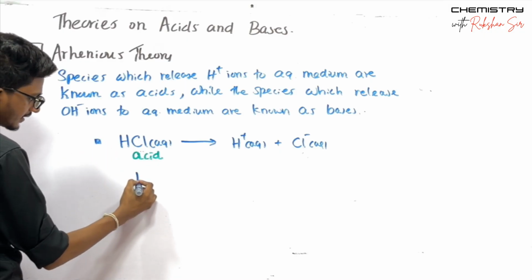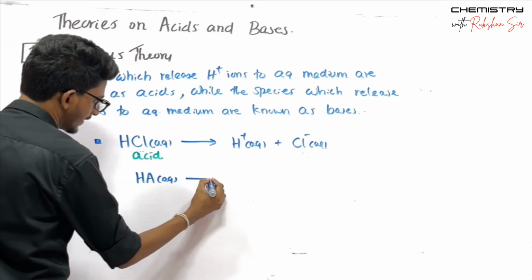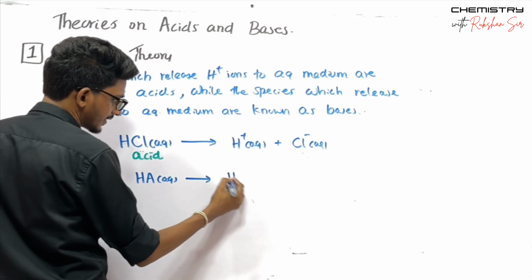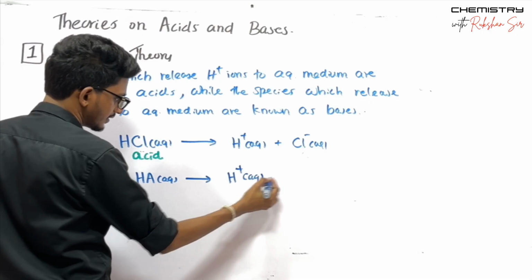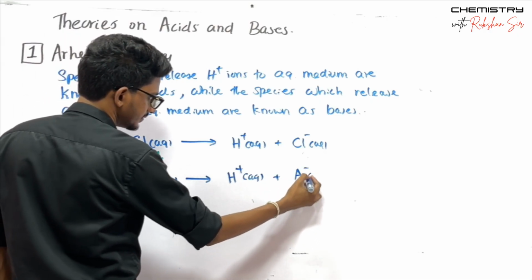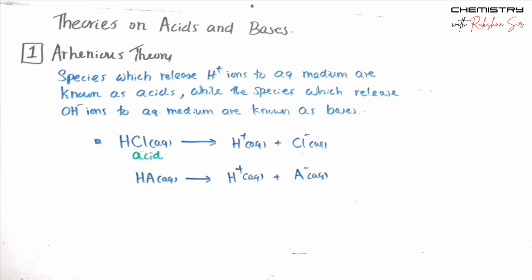In general, if HA is a compound and if it dissociates, ionizes like this, then HA can be referred to as an acid.